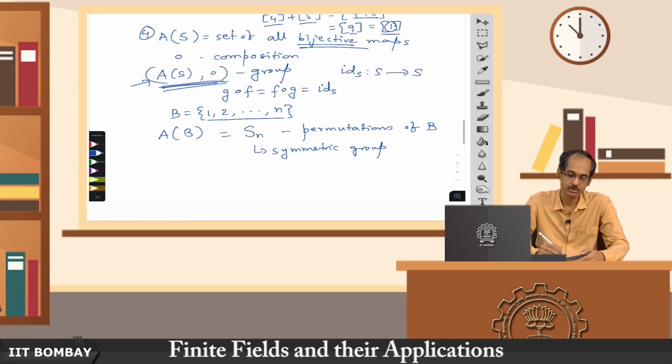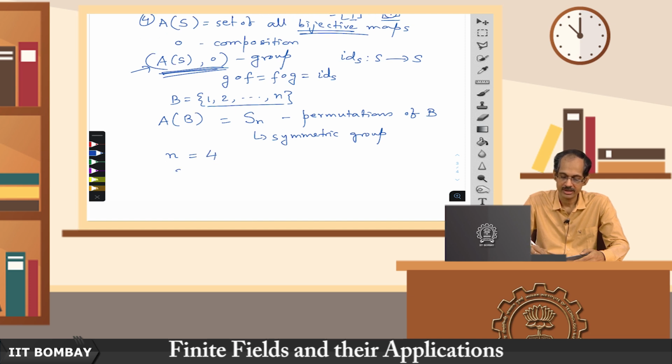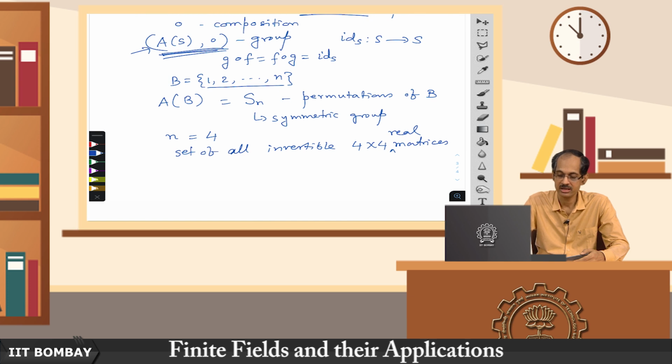Another very related group is the set of all invertible matrices. Let us say you fix an n, and let us say n equal to 4, and take the set of all invertible 4 by 4 matrices, let us say real matrices with real entries.